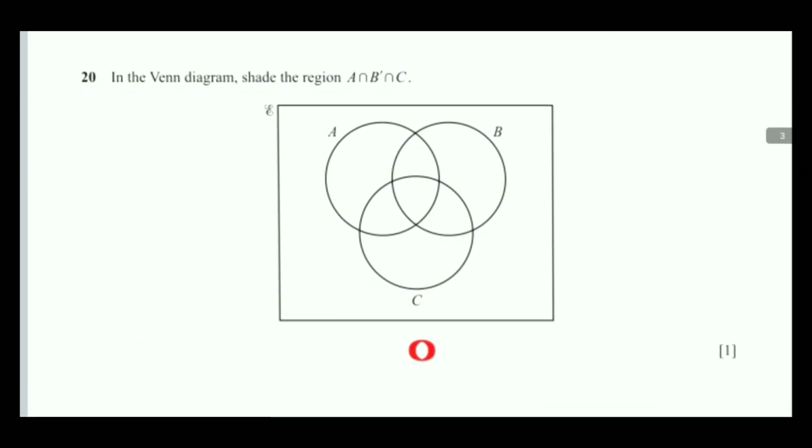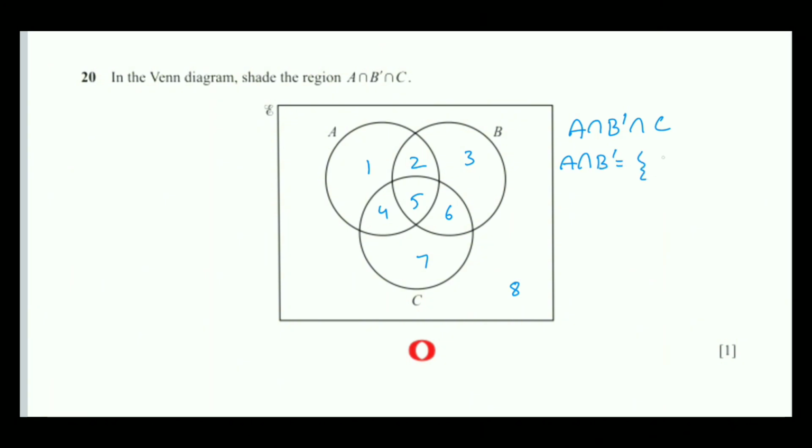In the Venn diagram, shade the region A intersection B complement intersection C. As I have explained to you the method of how to solve this question, give one number to each part: 1, 2, 3, 4, 5, 6, 7 and 8. Now solve A intersection B complement intersection C. First of all, I will find A intersection B complement.